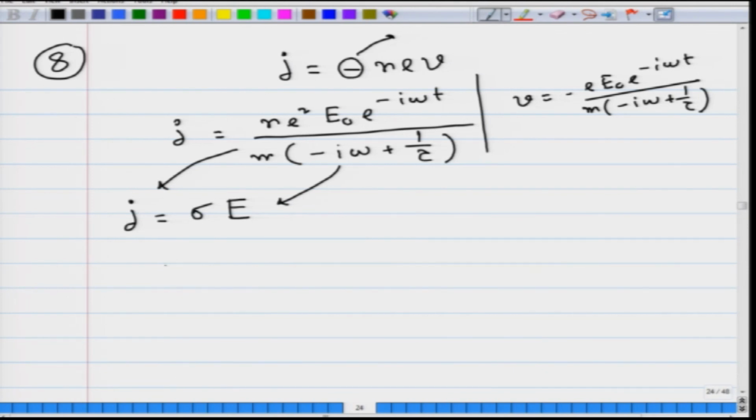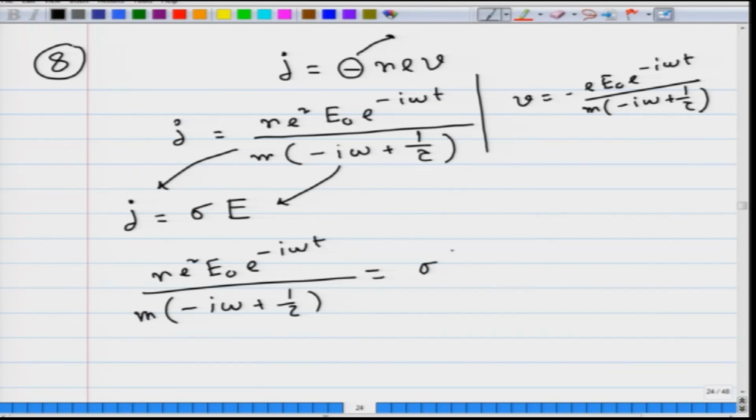The J will be n square E naught e to the power minus I omega t by m minus I omega 1 by tau, sigma electric field is my e to the power minus I omega t. So just for the same previous problem we have that. So we cut them. So sigma of omega, we take this as a function of omega, because omega is present here.